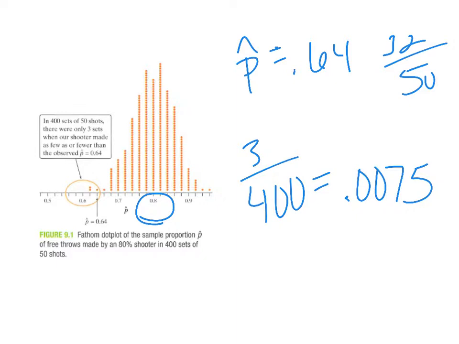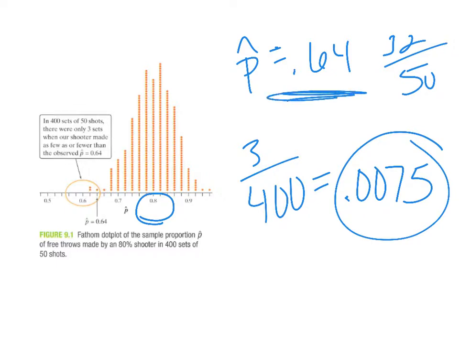So the probability of that happening if the null hypothesis is true is only 0.0075. That's not a very high probability. So this statistic of 0.64 is so unlikely, with a probability of 0.0075 if our true proportion was 0.8, that it gives us convincing evidence that this claim is false.